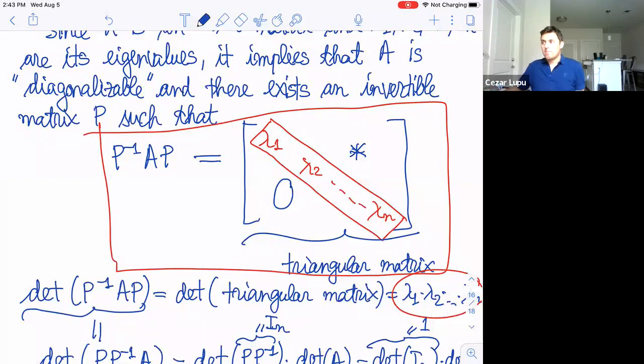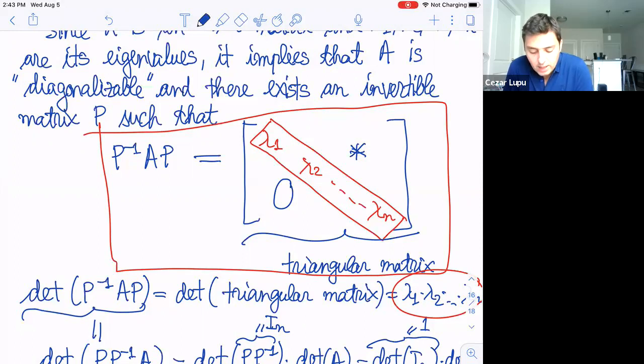That's what we said. So this is what happens in this case. I didn't say anything about the eigenvalues being distinct. I just said it has eigenvalues. Some of them can repeat themselves.